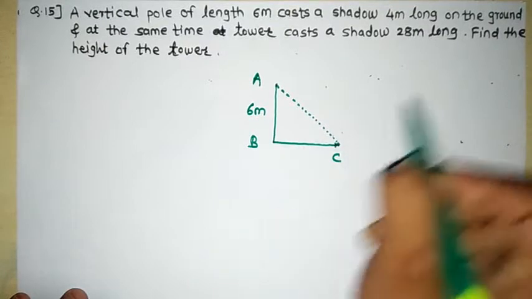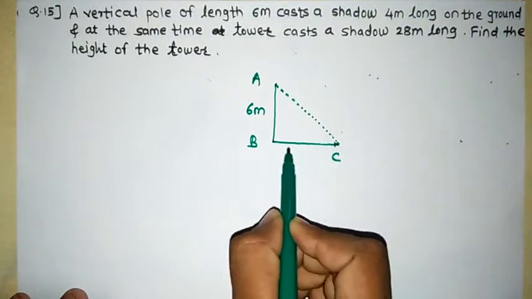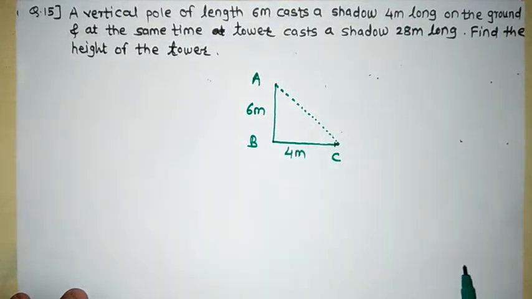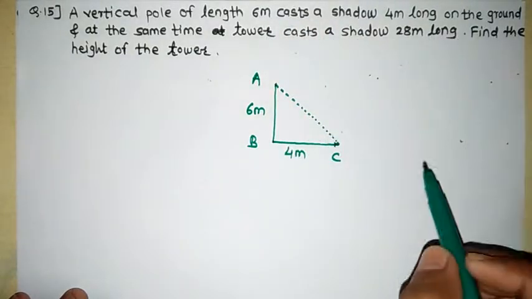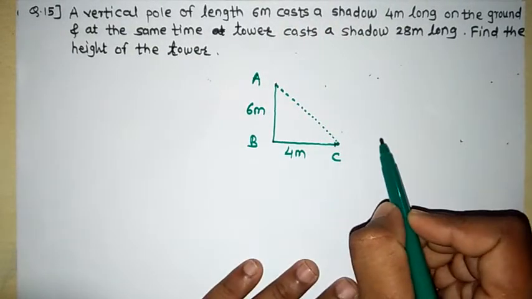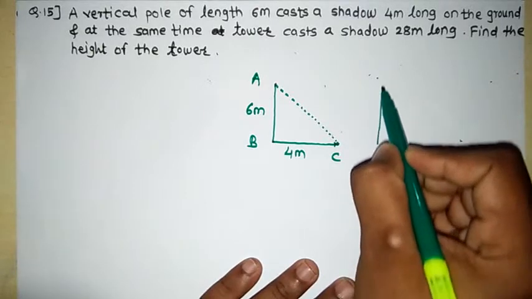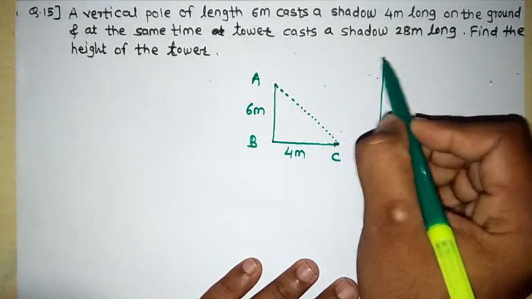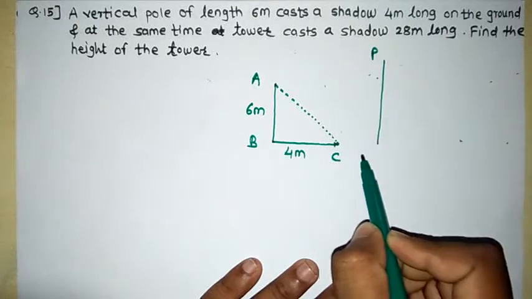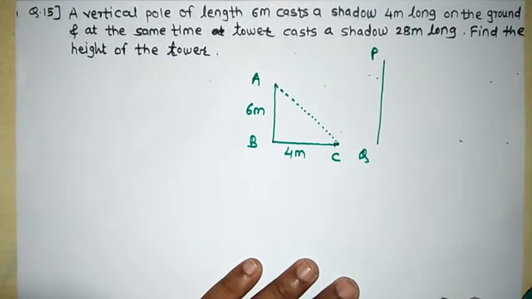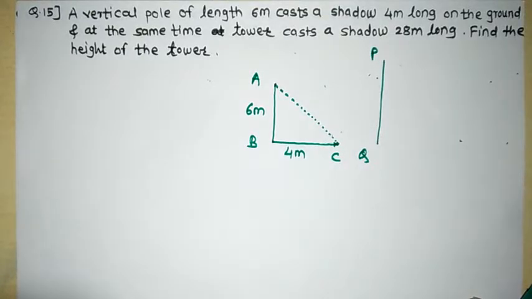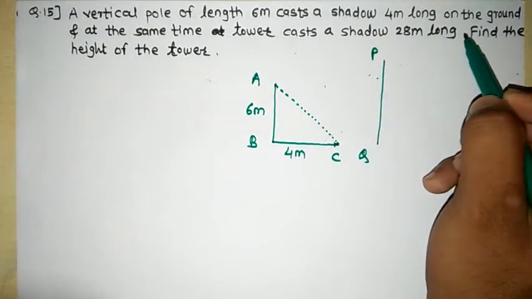The length of the shadow given is 4 meter. Again, there is one more tower and it casts a shadow of 28 meter long. I will consider another side. I will consider this PQ as a tower. This PQ is a tower of height we don't know. That height only we have to find here. It casts a shadow of 28 meter long.